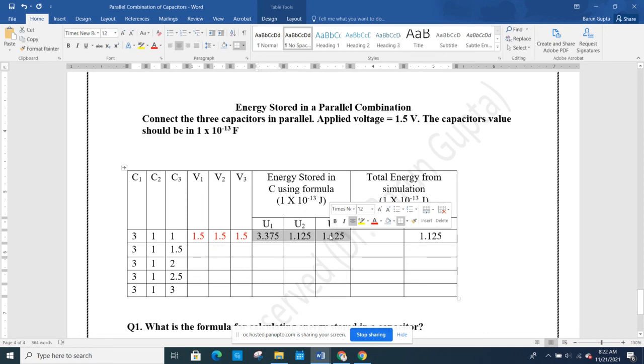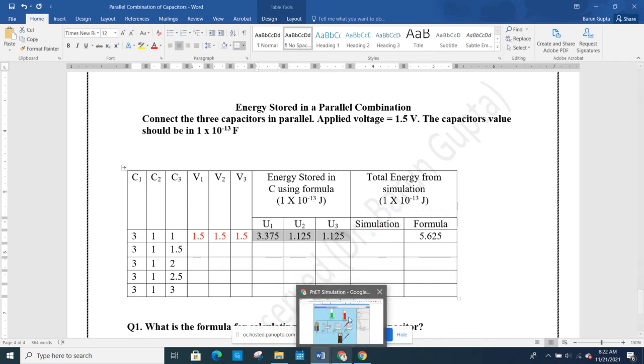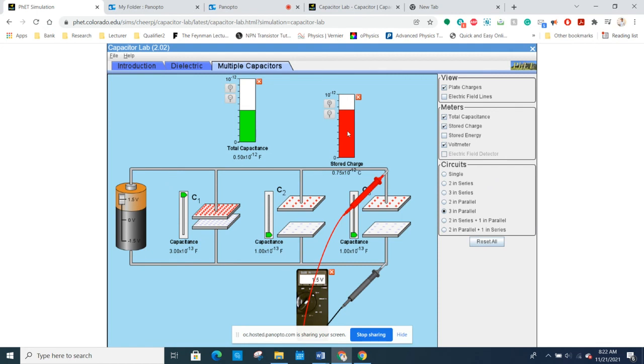So if I add all the numbers together, the number I get here is 5.625. So this number is adding all the numbers here together.